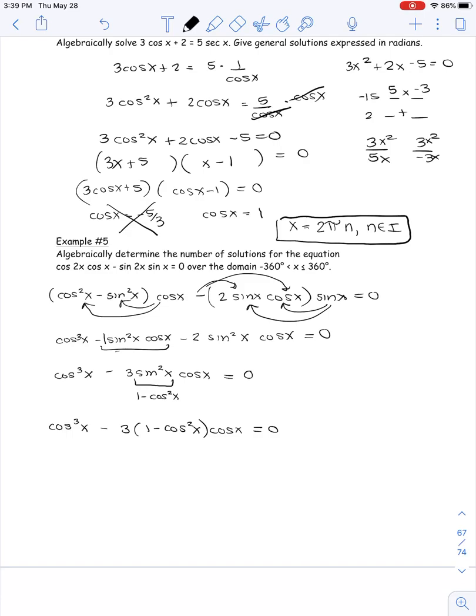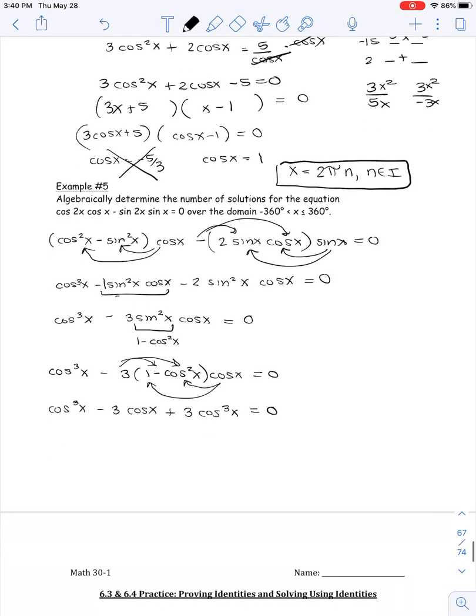Now I'm going to multiply the negative 3 into the brackets and the cos into the brackets as well. So it's going to be minus 3 cos x for the first term because it's multiplying by 1. And then it'll be positive 3 cos cubed x equaling 0.